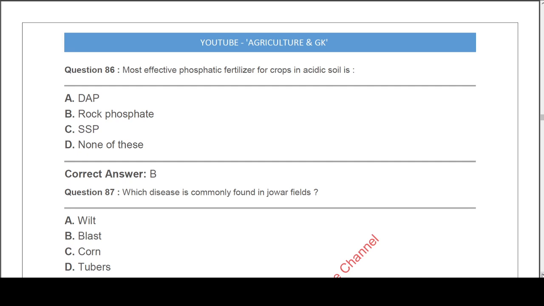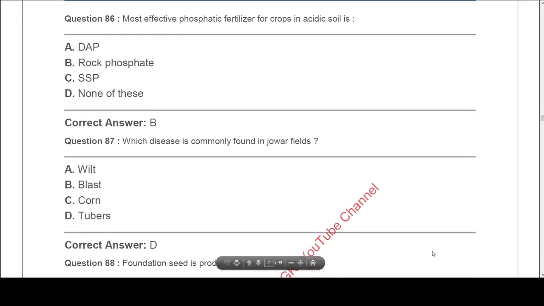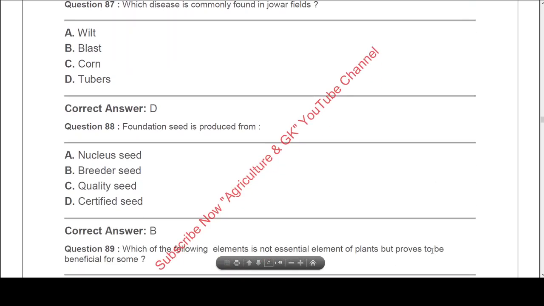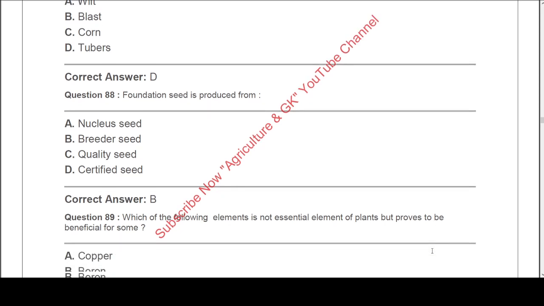Which disease is commonly found in jowar fields? It is option B. Foundation seed is produced from option B, breeder seeds. Definitely one or the other question will be there on certification tags and these kinds of seeds.